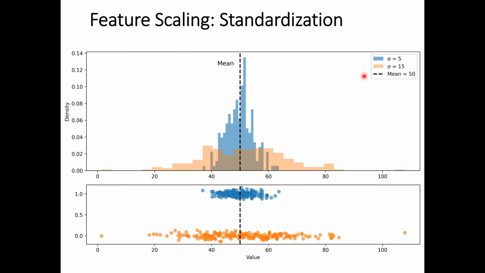Let's take a look at these concepts on a graph. Here we have two distributions of the same size, 200 points, both with the same mean of 50, shown by the dashed line, but with different standard deviations. For the blue points, the standard deviation is 5.